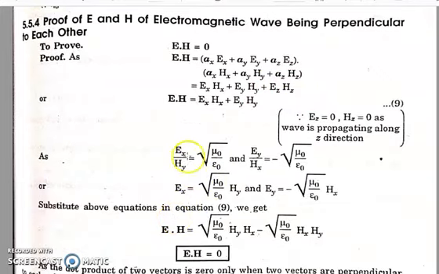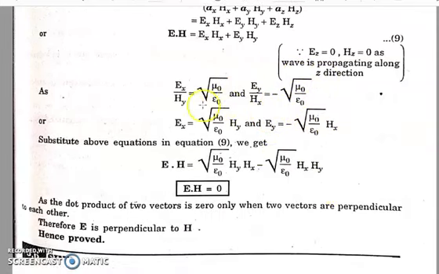And in the last topic we covered that Ex by Hy is equal to the square root of mu naught by epsilon naught, and Ey by Hx is equal to the negative square root of mu naught by epsilon naught. Putting these values in equation number 9, we get E dot H is equal to the square root of mu naught by epsilon naught Hx Hy minus the square root of mu naught by epsilon naught Hx Hy, and both these terms cancel each other and we get 0.